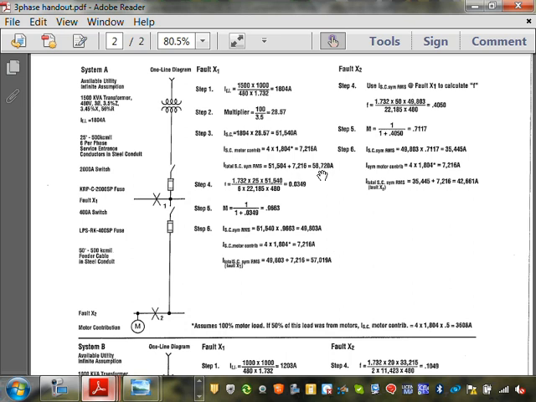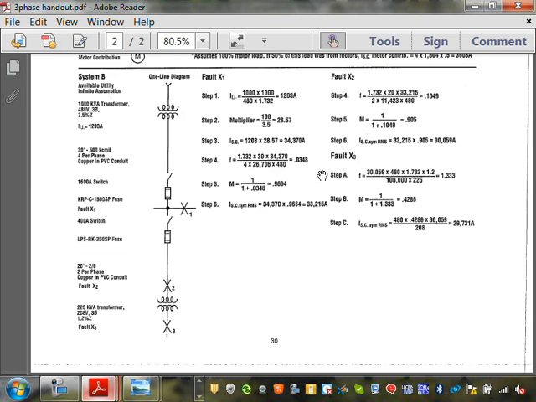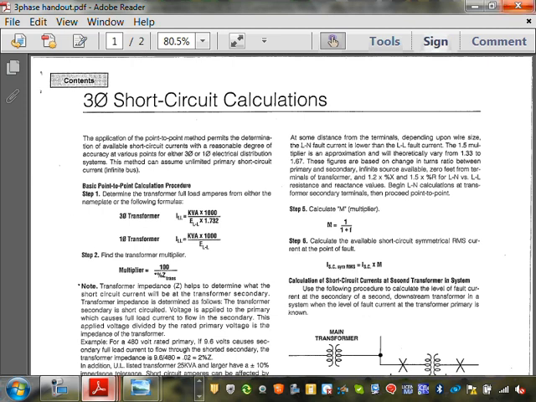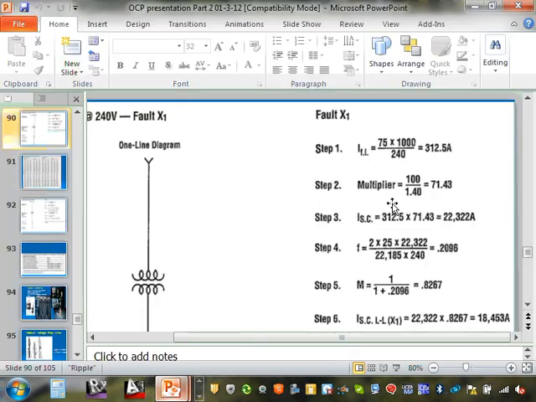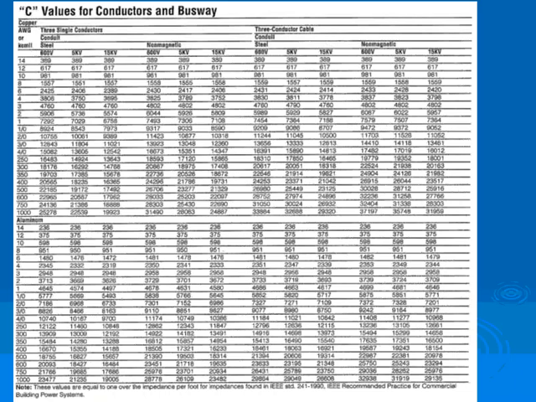Now all these F factor and C factor and all this good stuff is coming from a bunch of tables. I don't know if we have that table here. Okay, so the tables where you find the F and all these factors, they're all in color. Here you go. So we have the C factor. You can see here's a 500 conductor.